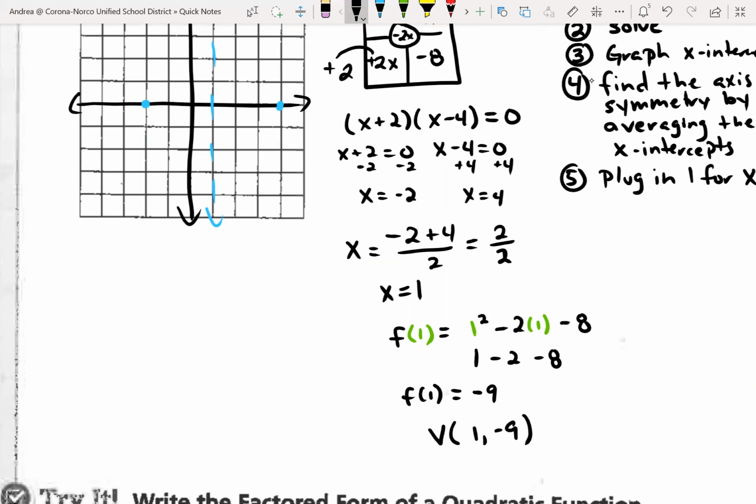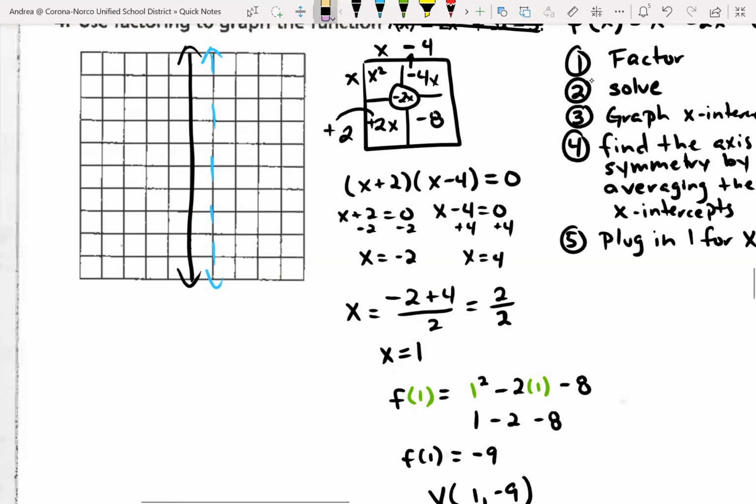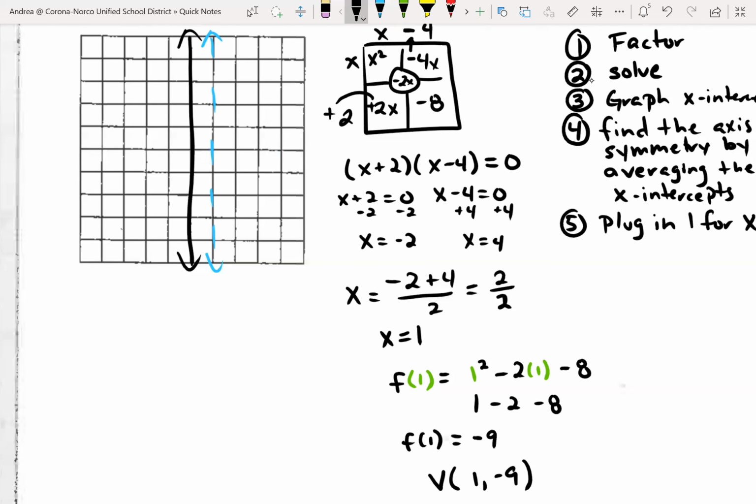Because I don't have negative 9, what I'm going to have to do is move my x-axis up here so I can graph negative 9. If you did it in pen, then you just have to extend your graph, unfortunately.